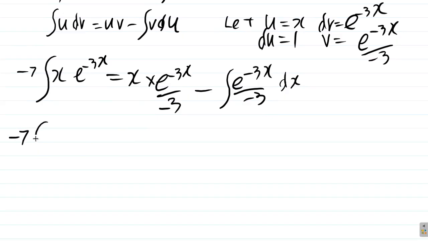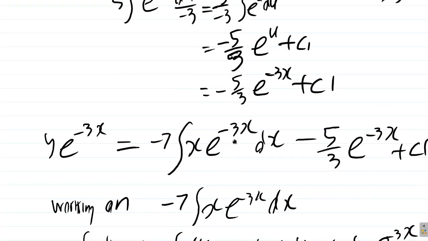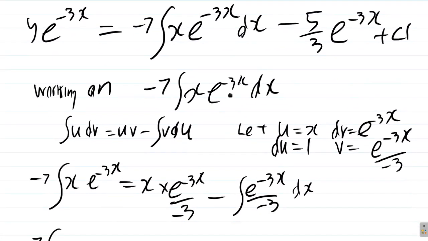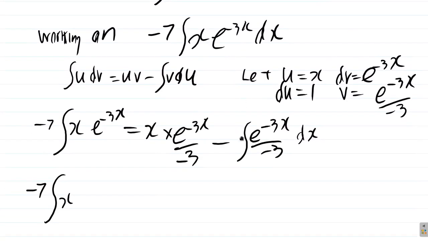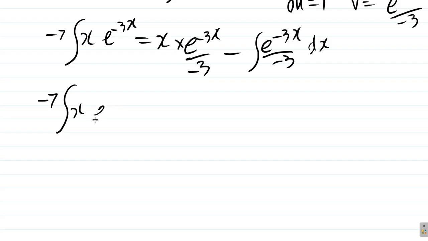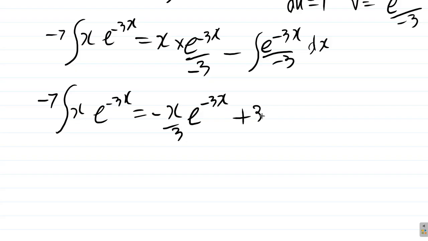So negative 7 integral of x e to negative 3x, that part, is equal to, now we can write this as negative x over 3 e to negative 3x plus 1/3 integral of e to the negative 3x dx.